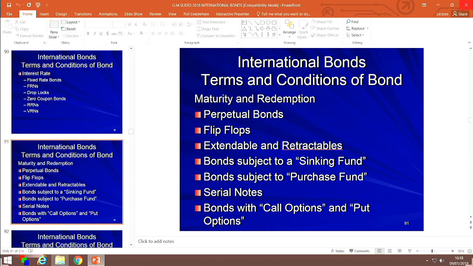In the good old days, meaning good old days is about 25 years ago, no more. That's old in terms of the bond markets. When a serial note bond was issued and redemption was to be made of each bond for a certain percentage of that bond at specified dates, what happened was definitives were issued, piece of paper, where it had strips which could be torn from the bond.